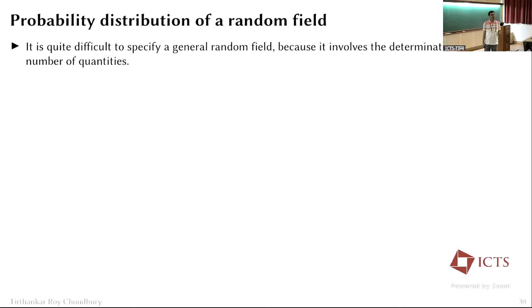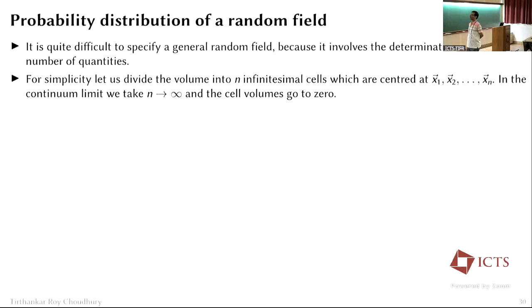Anyway, now let us talk about the summary statistics which we are interested in. For simplicity, imagine you have this density field. You divide this space into some n cells, very, very small cells. These cells are centered at points x1, x2, up to xn.